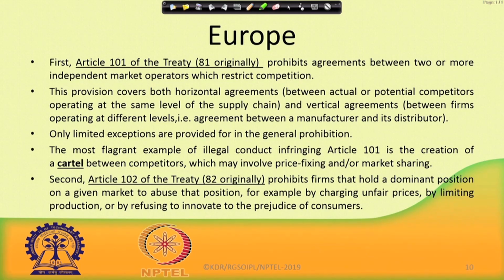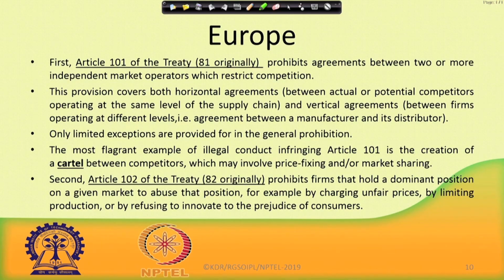Also, Article 101 covers both horizontal agreements, which means agreements between potential competitors operating at the same level of the supply chain, as well as vertical agreements, that is, between firms operating at different levels, for example agreements between manufacturers and distributors.